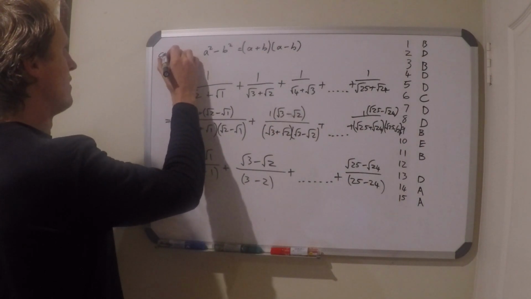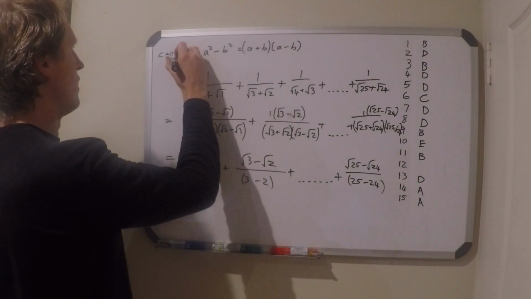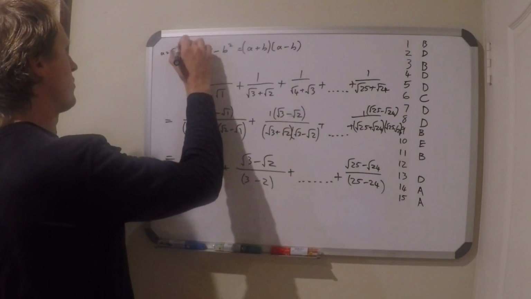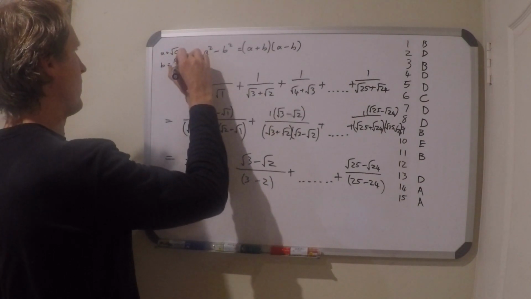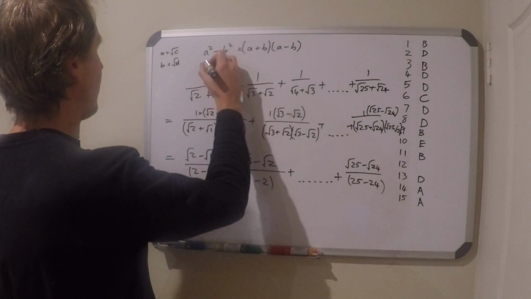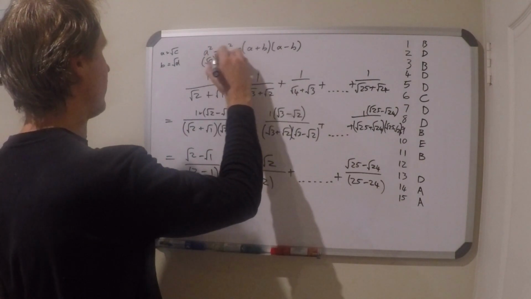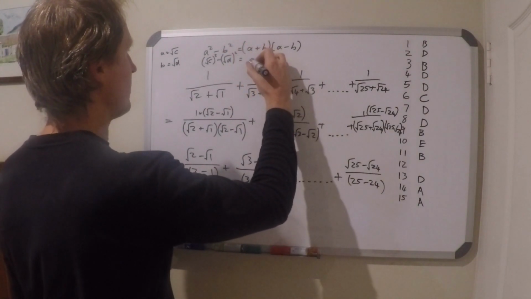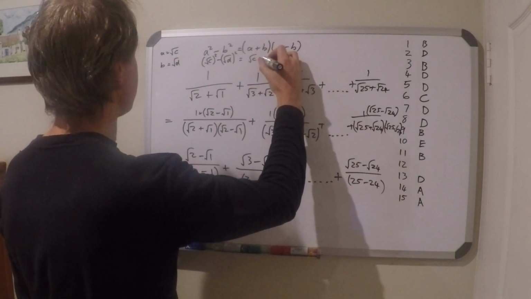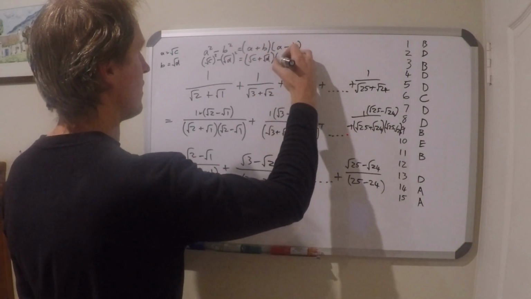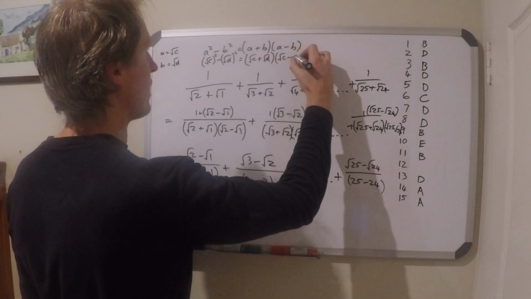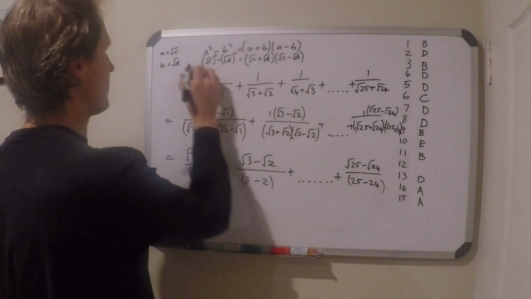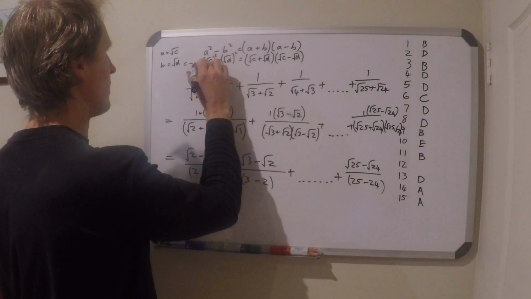For instance, if we say a equals square root of c and b equals square root of d, what we're going to get here is the square root of c squared minus the square root of d squared equals, so a is the square root of c plus b is the square root of d, and again square root of c minus square root of d, and simply square root of c squared, I'm just going to write it on this side, equals c minus d.